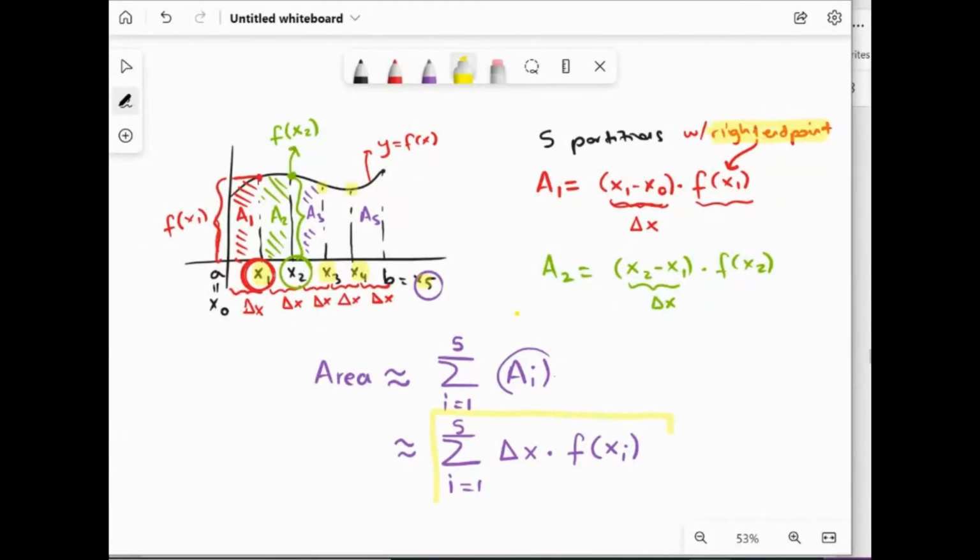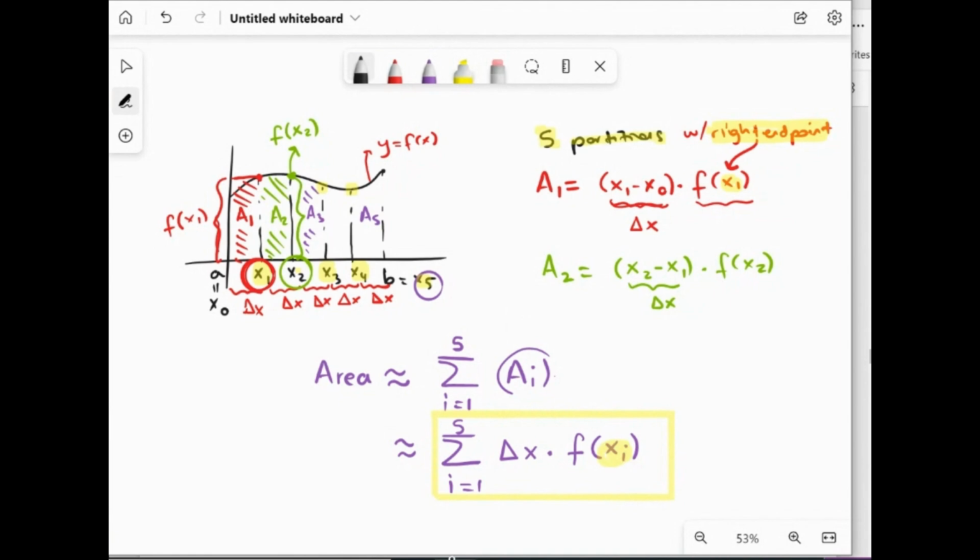So in fact, we just obtained a formula to find the total area for 5 subintervals, 5 partitions, where we used the right endpoints, like x1, x2, to find the height of the rectangle.